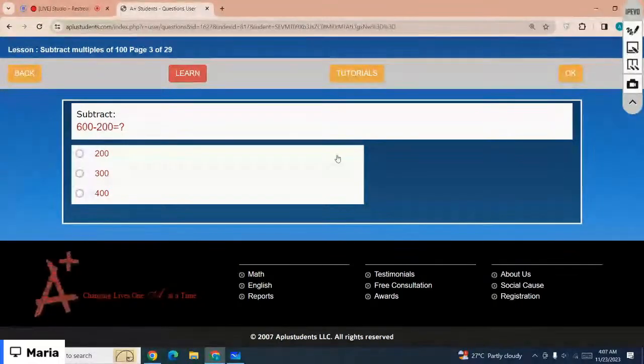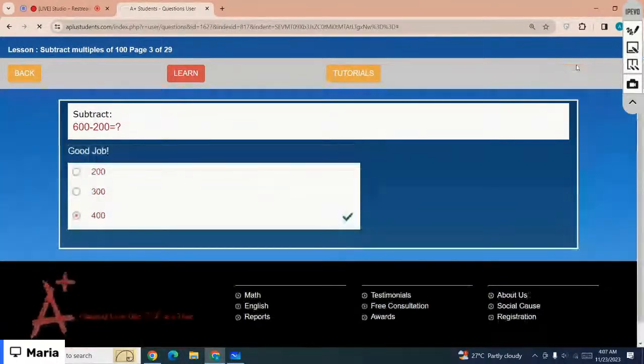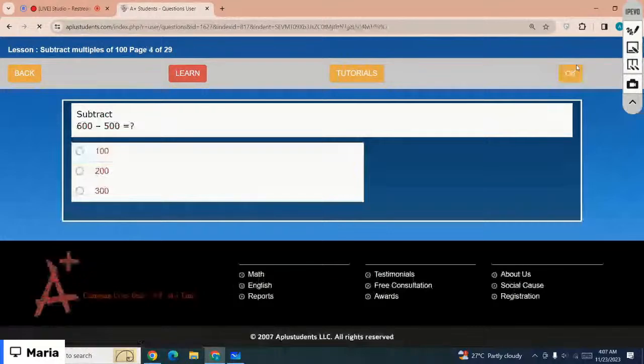The correct option is 400. Next is 600 minus 500. Which is the correct one? Yes, 600 minus 500 equals 100. So option number 1 is the correct option.